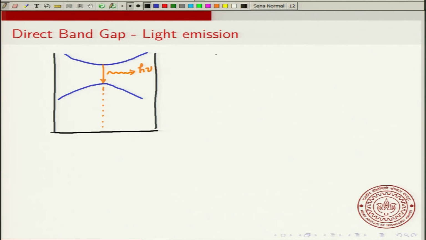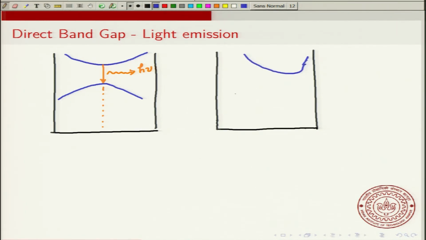Whereas on the other hand, if you have a material with an indirect band gap, and there is a transition from the top of the conduction band to the bottom of the valence band, this involves a large change in crystal momentum.